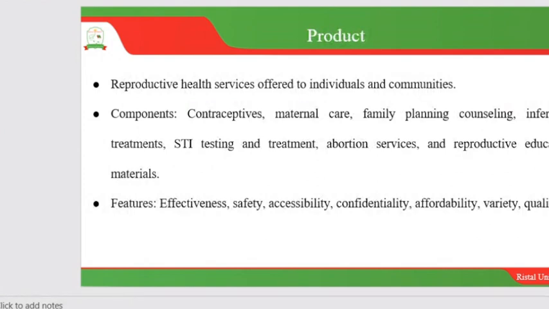You should be able to put the aspect of quality in contraceptives, in the aspect of maternal care, in the aspects of family planning, and in fertility treatments, that you have quality in offering your services.